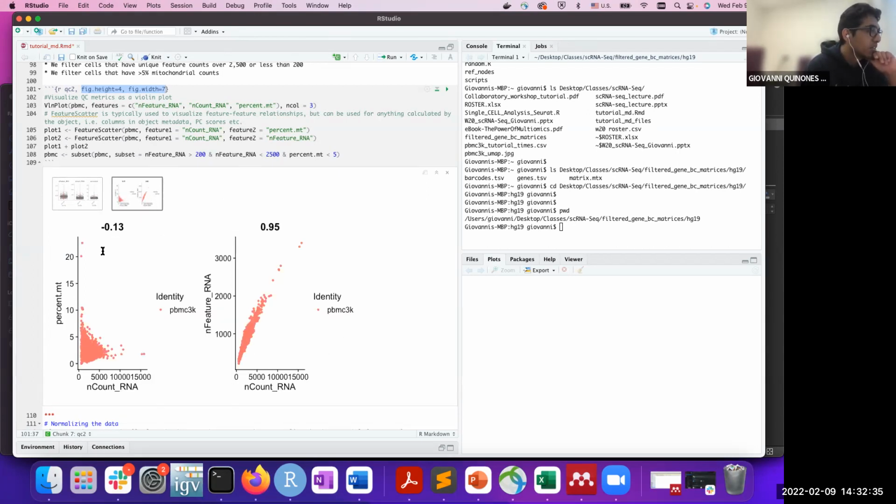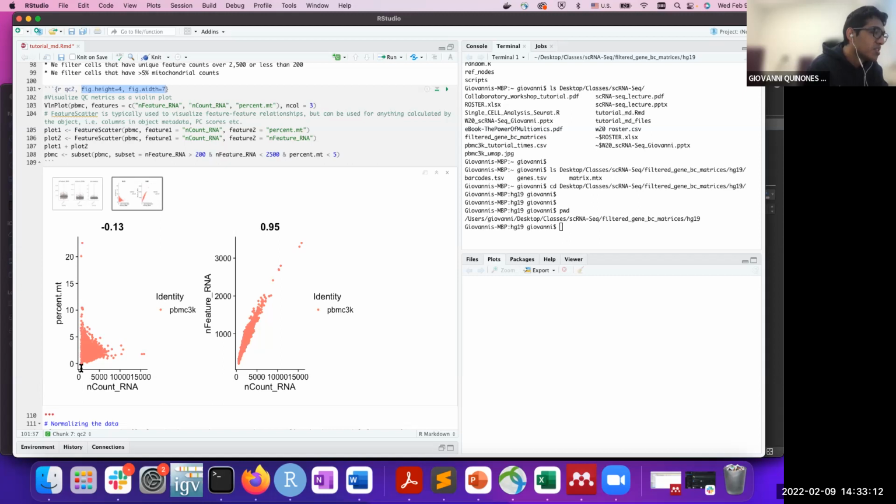In our second plot, we have a little more going on. This is a scatter plot. We have our percentage mitochondrial RNA on the y-axis and our RNA count on the x-axis. By looking at this plot, usually the first thing we notice is very high mitochondrial content when the RNA count is small.